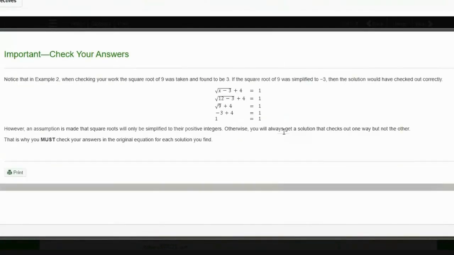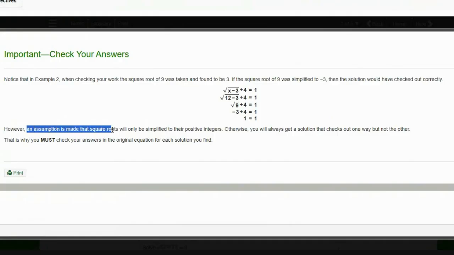Let's see what it says. Note in example 2, when checking your work, the square root of 9 was taken and found to be 3. That's what I was talking about. If the square root was simplified to a negative 3, it would have checked. However, an assumption is made that square roots will only be simplified to their positive integers.